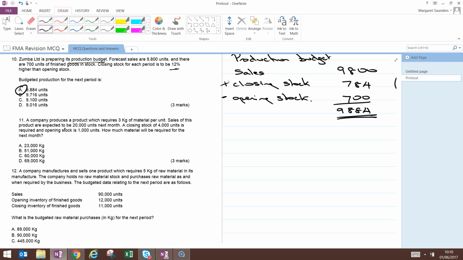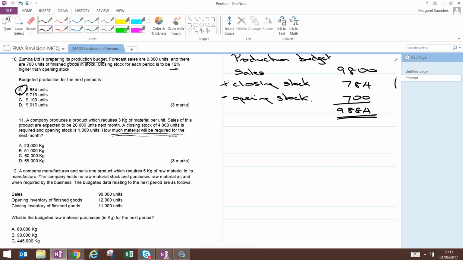From your material usage you can work out your material purchases. If you ask for a labour budget, that also has to follow on from your production budget. So here we're asked for the usage, how much material will be required, so how much material will be used.